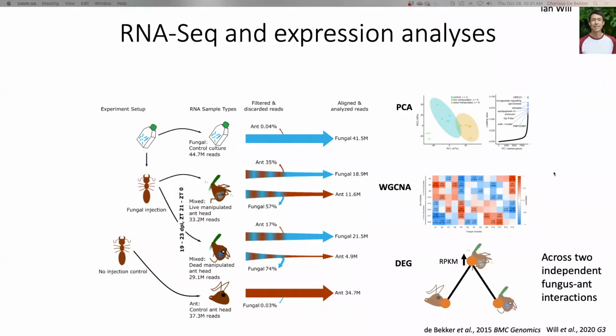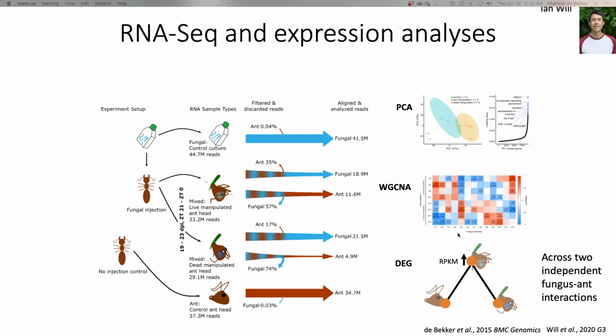And in this case, what we did is we only picked genes that were found across those various independent analyses and across the two independent fungus and ant species interactions that we did this experiment for. Only those genes we now consider to be potential candidate genes and pathways involved in the manipulated summiting phenotype.